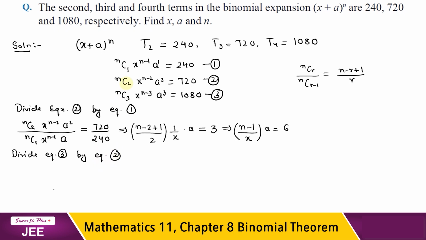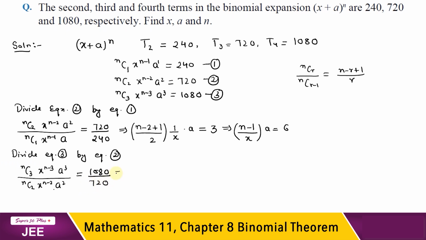Similarly, if I divide equation 3 by equation number 2, what we are going to get is nC3 x^(n-3) a^3 divided by nC2 x^(n-2) a^2, and in RHS we are going to get 1080 divided by 720.